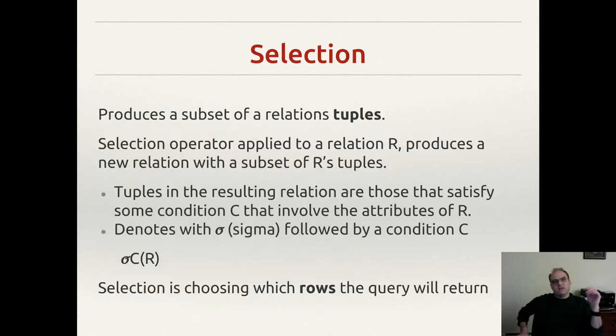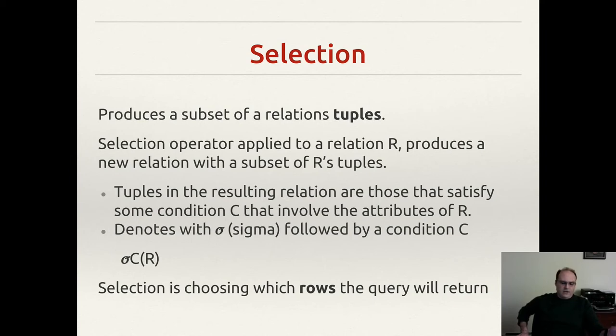That's a projection. Now a selection, remember, is now we want to select which tuples or rows we want a subset of. So we have a relation and we don't want all of the rows back. We only want some of them. This is analogous to, for those of you who have used SQL, let's say we have a user table, and I want to return only the users with a first name of Brian.